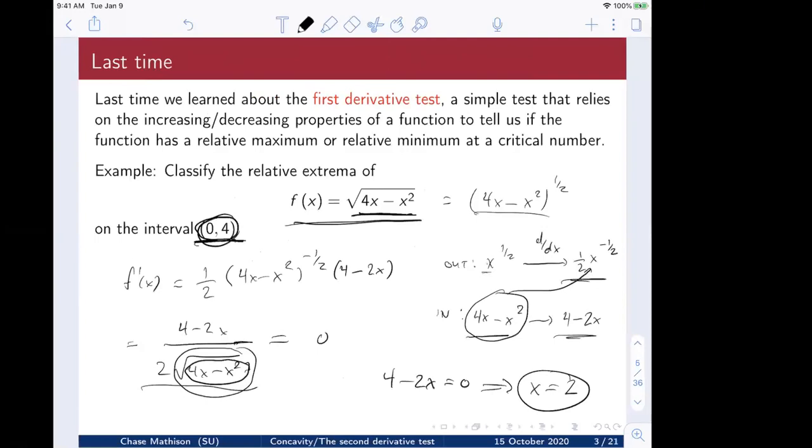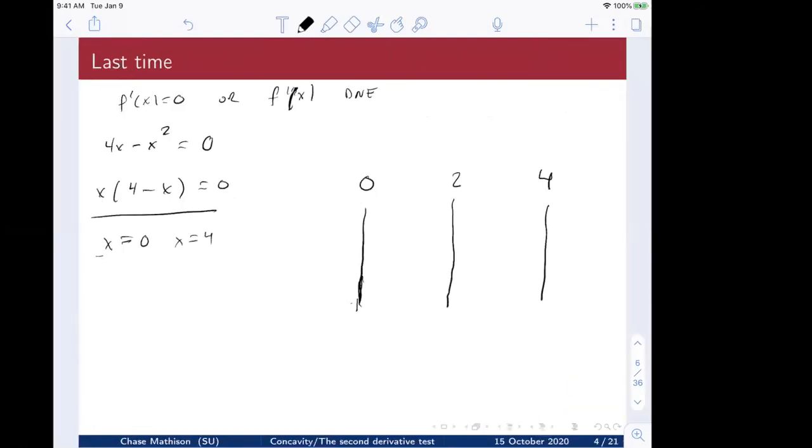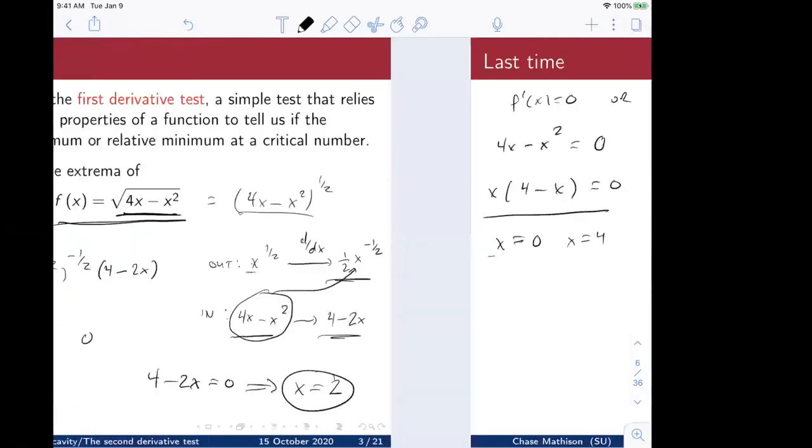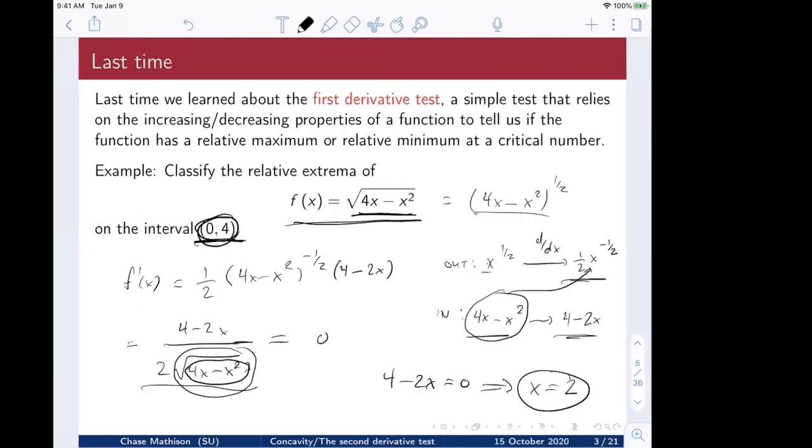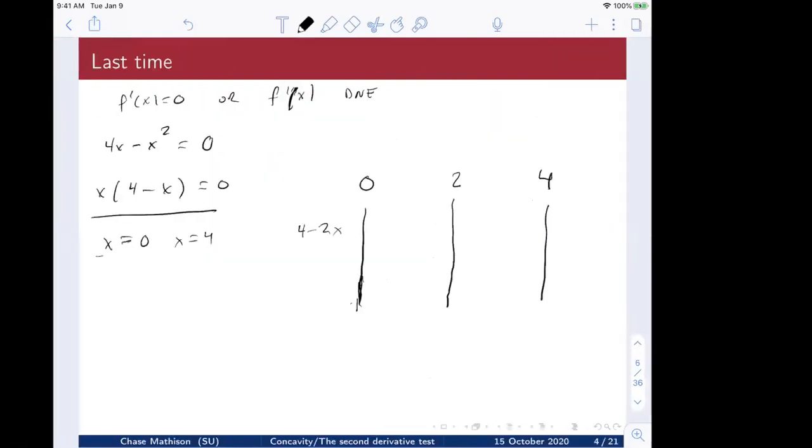Okay, so then I want to look at the derivative. The numerator is 4 minus 2x. The denominator is 2 times the square root of, sorry, of 4x minus x squared.